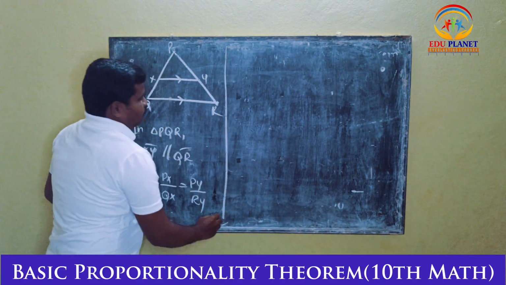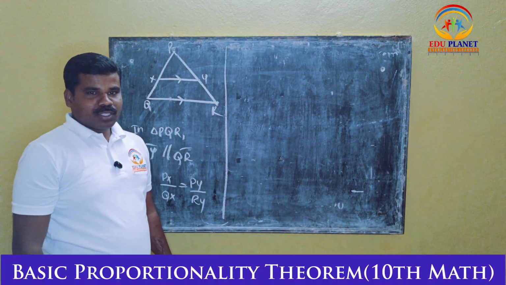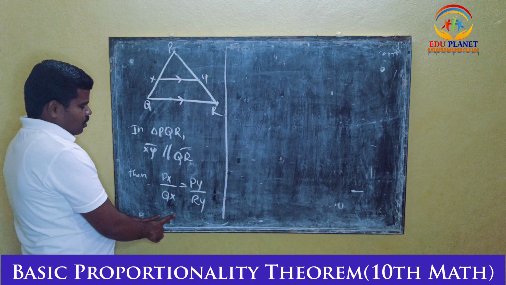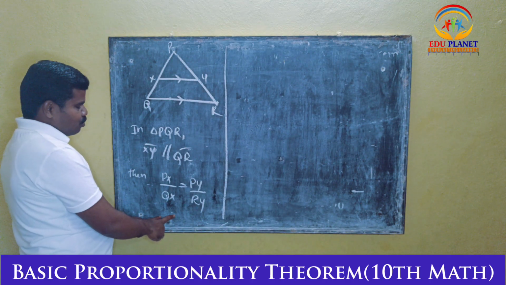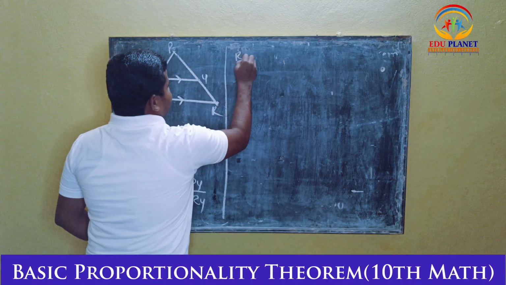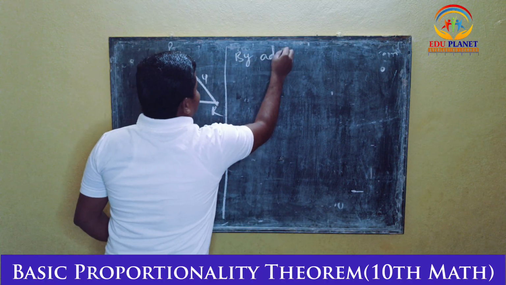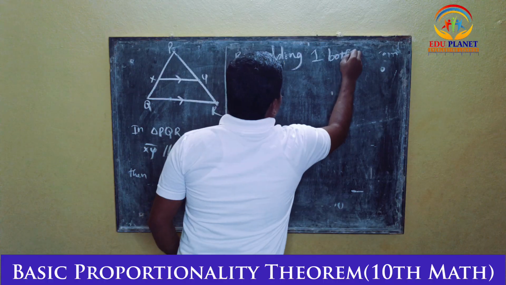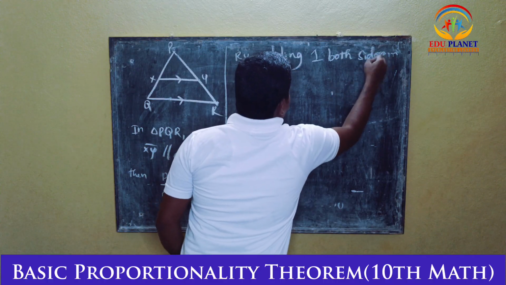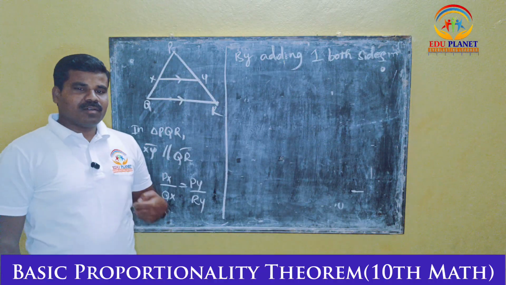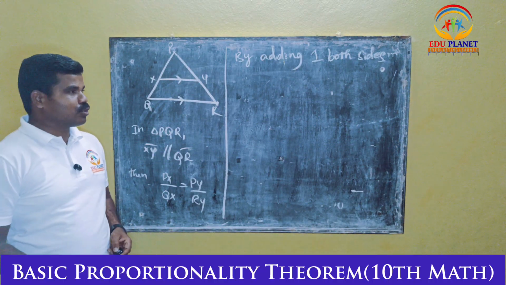One more interesting fact we are going to generate about this Thales theorem. See, what was our last step? PX by QX equals PY by RY. Now what I am going to do? Let us see the magic. Now something interesting is going to be generated.